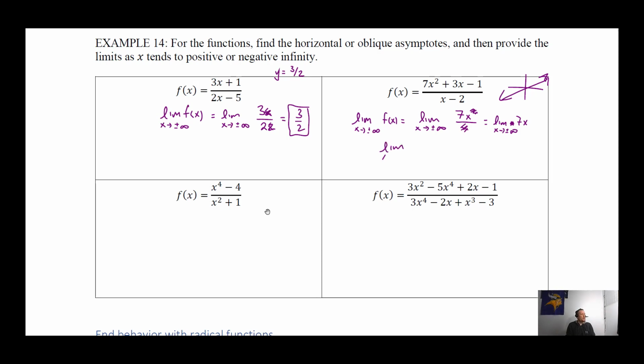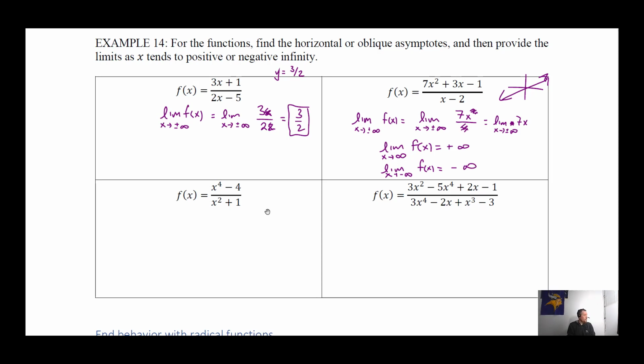So it's different in either direction. I would write it up as the limit as x goes towards infinity of f of x is positive infinity, and the limit as x goes towards negative infinity of the function is negative infinity.